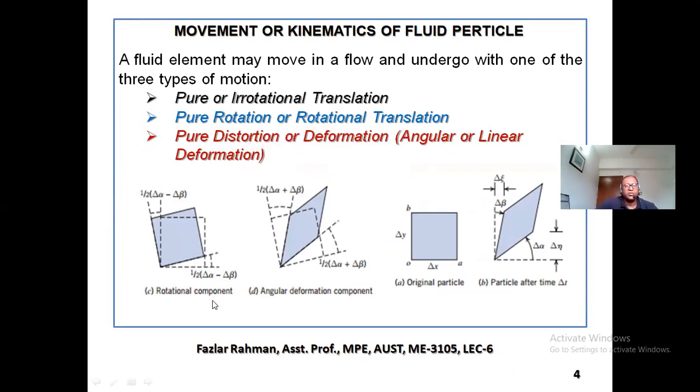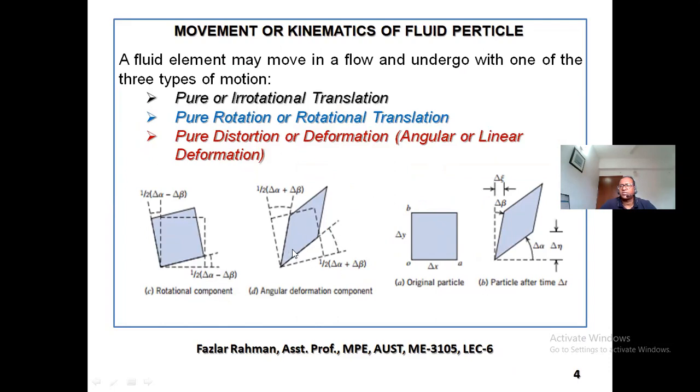Number one, rotation. There will be rotation, and this is called pure or irrotational translation. When there is no rotation, only translate a fluid element from one point to another point. And this one is rotation. And what is this one?